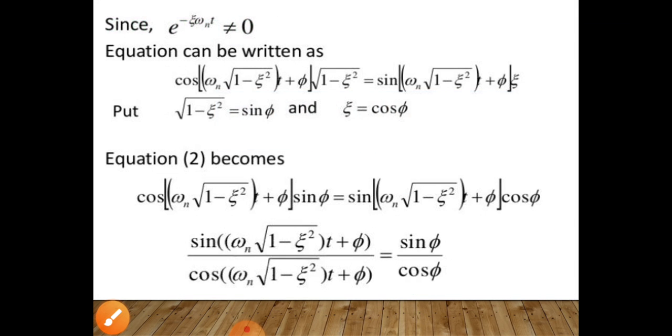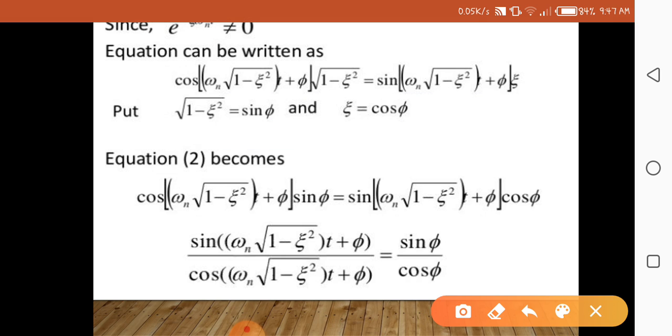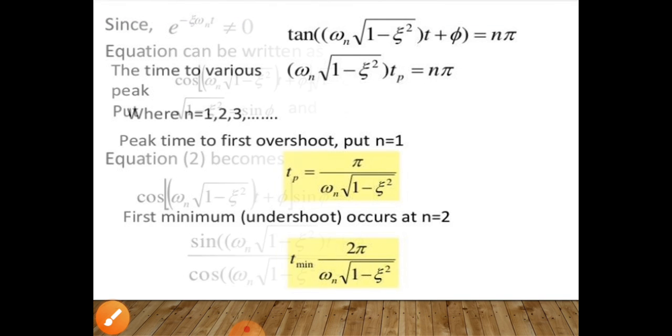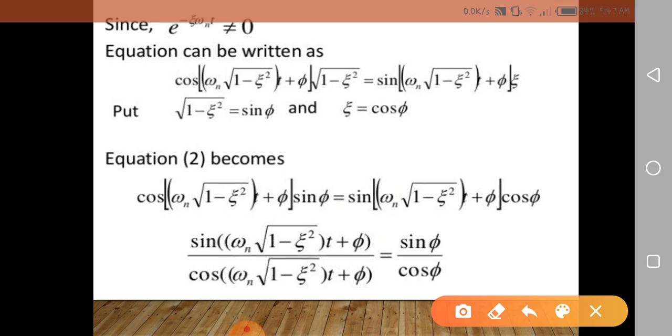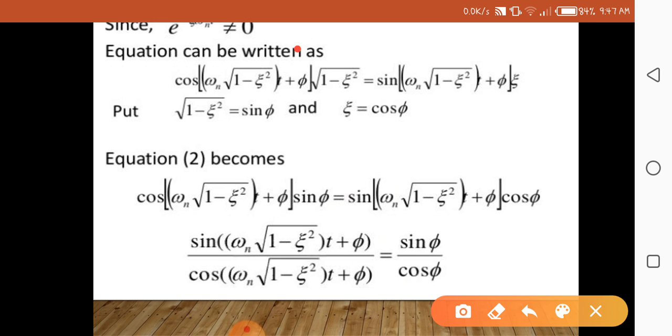Next, since we know that e raised to the power minus zeta omega n t is not equivalent to 0, the equation can be rewritten as cos omega n root 1 minus zeta square t plus phi, times root 1 minus zeta square, is equivalent to sin omega n root 1 minus zeta square t plus phi, times zeta.